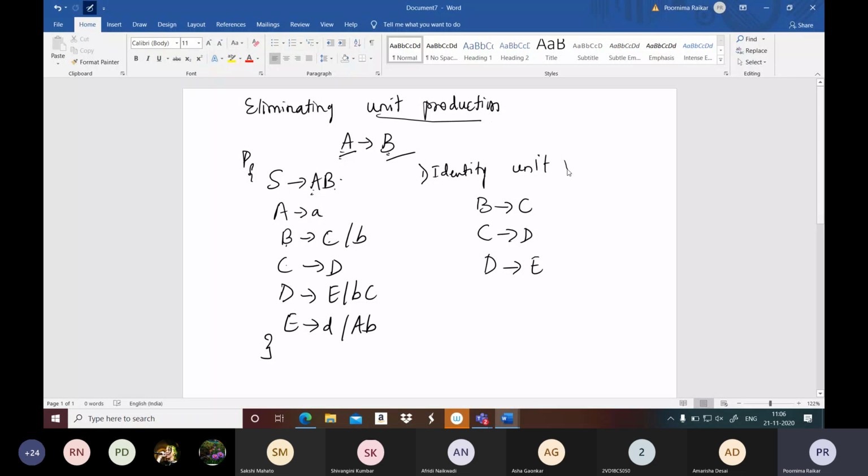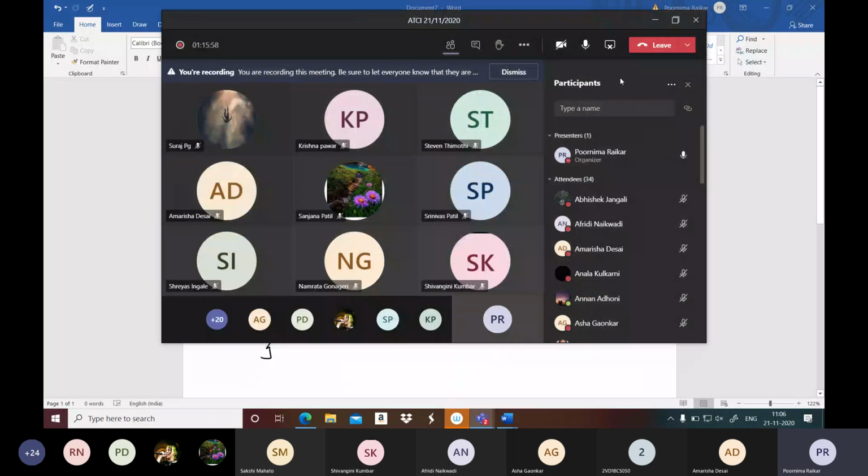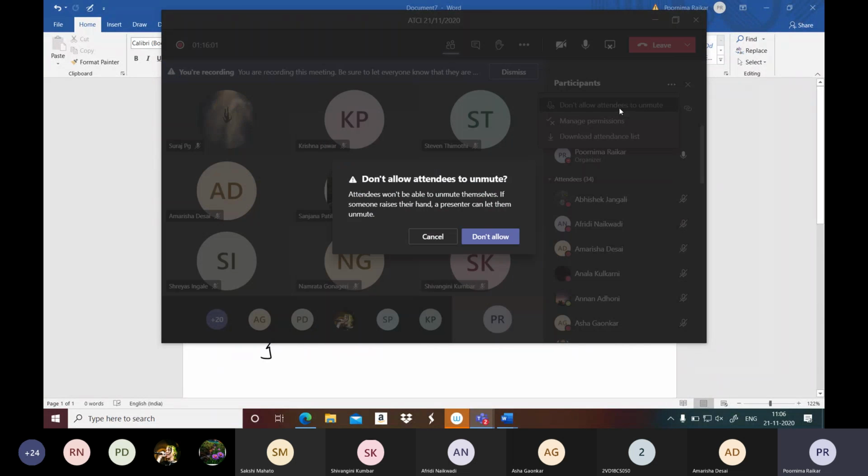So the first step is to identify unit variables. That means the variable which tends to a single non-terminal or a variable, I call it a unit production. So in the given rules, which are the unit productions? Is this clear for everybody?